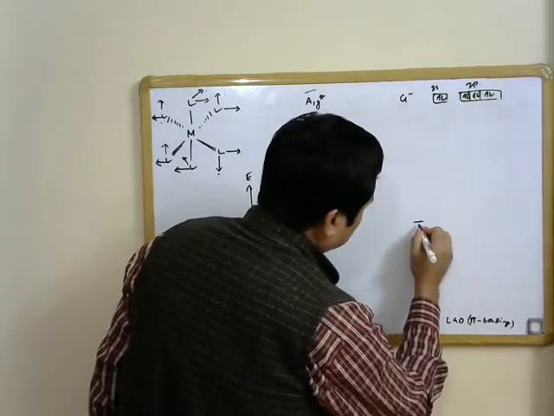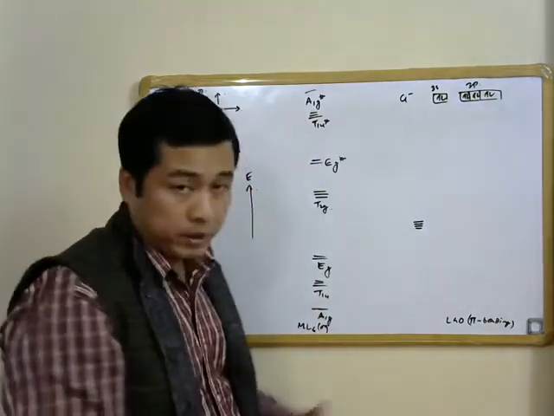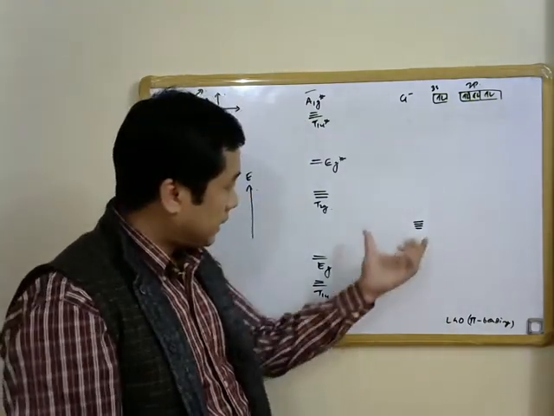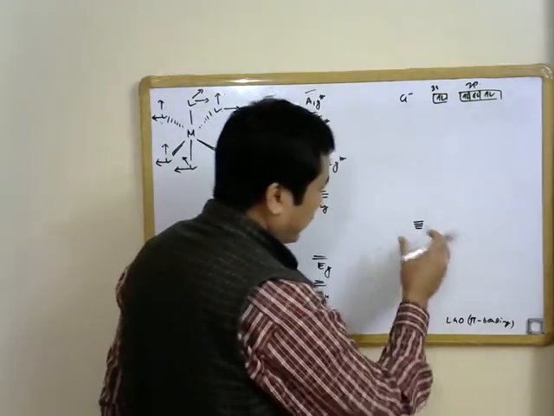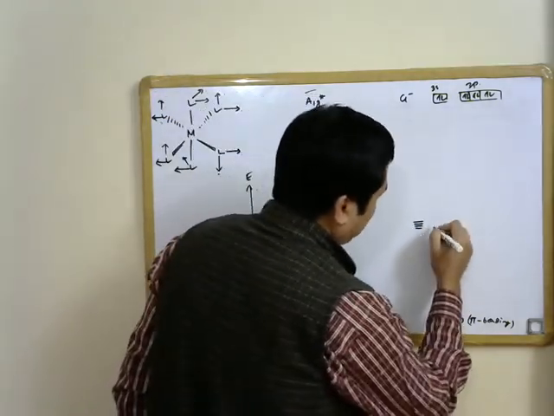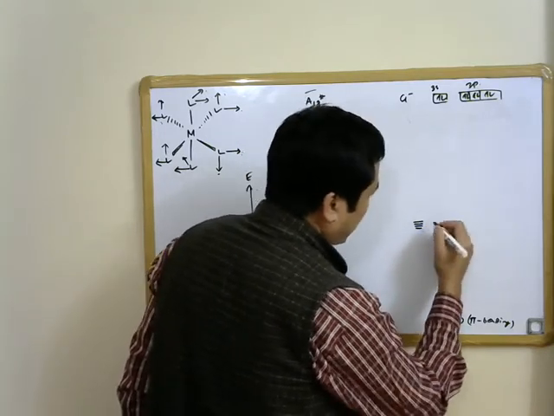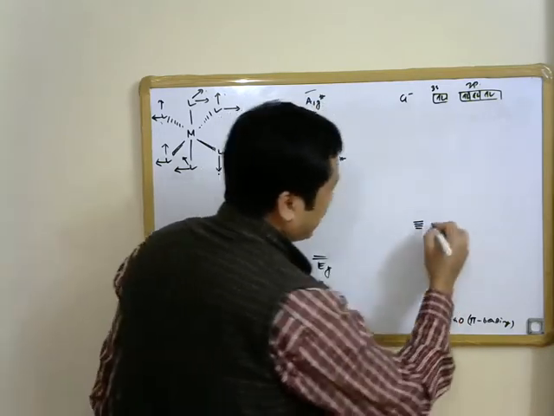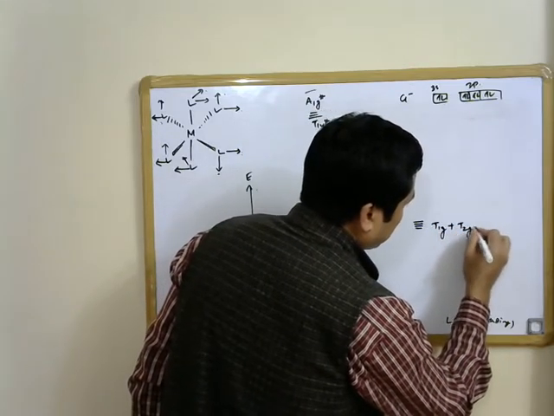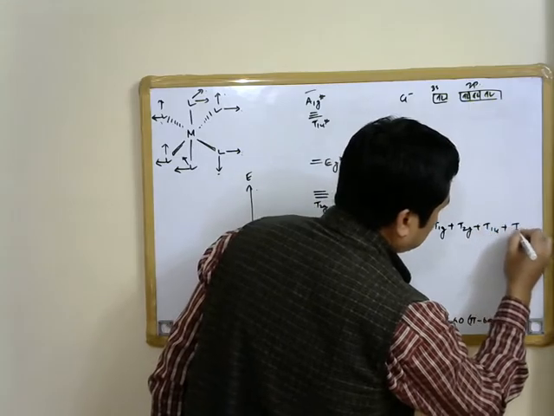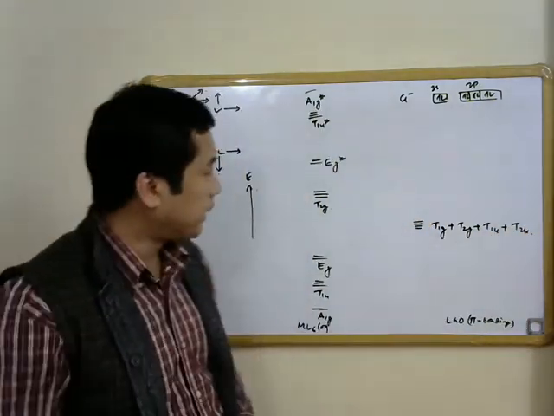We'll draw the energy of these ligand group orbitals, of which there are 12, but we will refrain from drawing 12 lines over here. We should remember that there are going to be 12 orbitals because the dimensionality of this reducible representation is 12, and the symmetry we know is T1G, T2G plus T1U plus T2U.